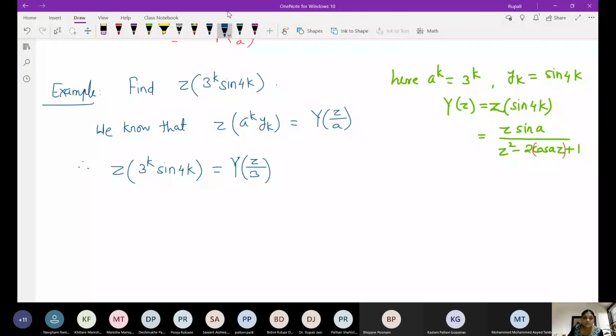So Y at z by 3 will be: z by 3 times sine 4, since for sine ak here we need 4, divided by z square by 9 minus 2 times cos 4 times z by 3 plus 1. Is that okay? Yes, ma'am.